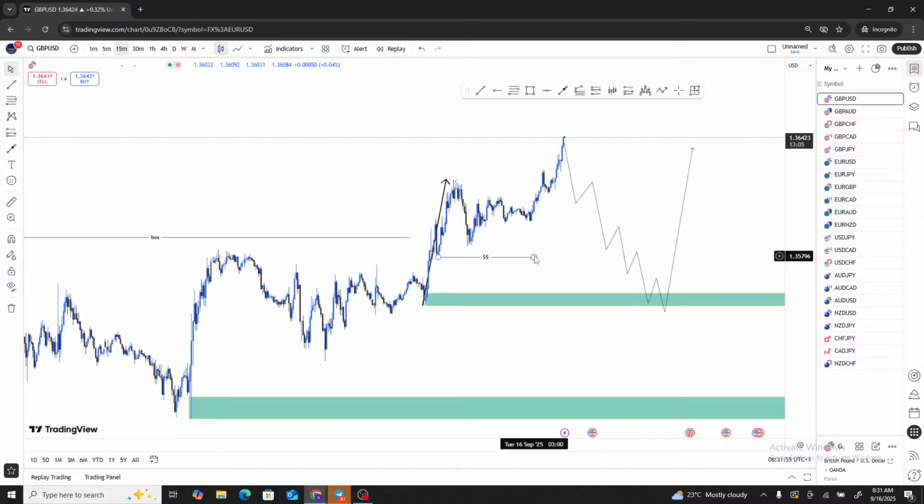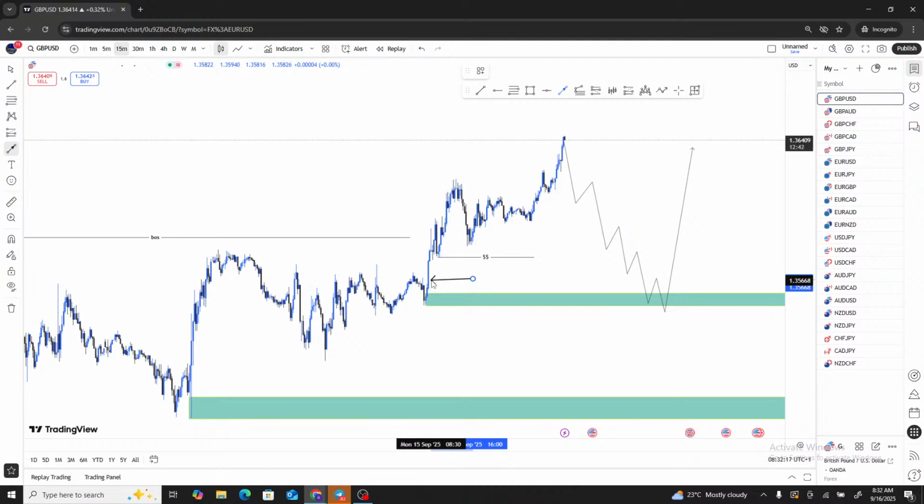The order block has an imbalance. Where is the imbalance? Look at the imbalance right here. You see the imbalance. Look at a very sharp, rapid move.